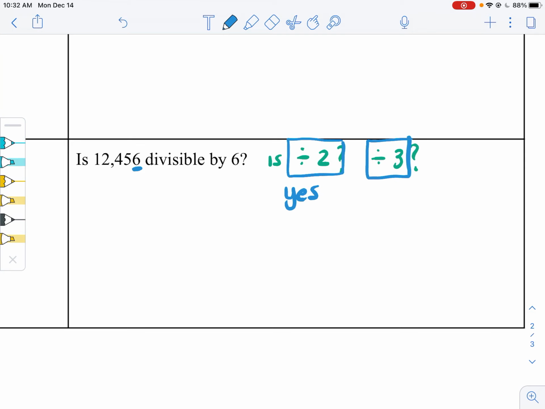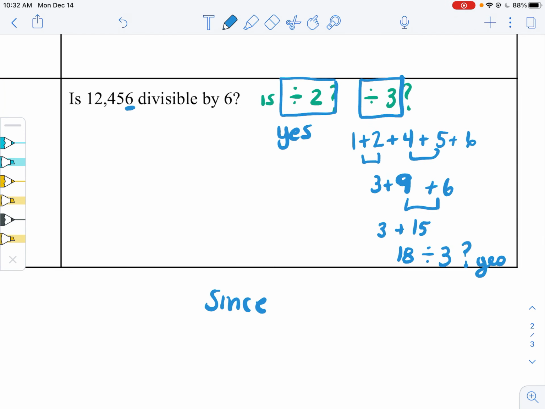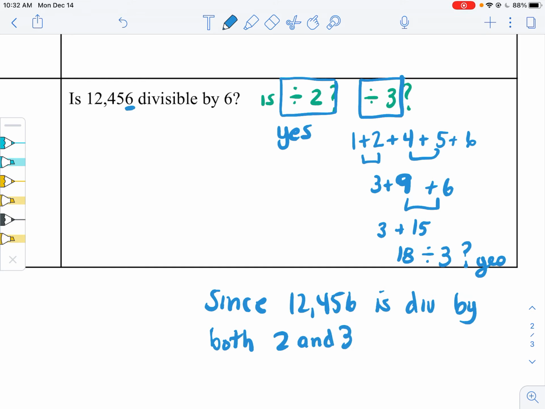For divisibility by 3, we add up our digits: 1 plus 2 plus 4 plus 5 plus 6. We have 3 plus 4 is 7, plus 5 is 12, plus 6 is 18. Is 18 divisible by 3? Yes. So since 12,456 is divisible by both 2 and 3, it is divisible by 6.